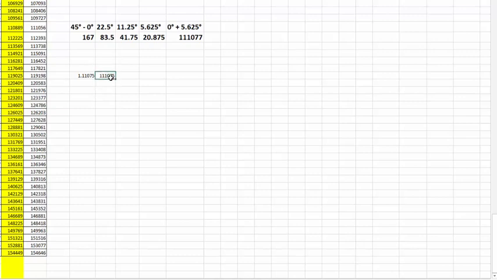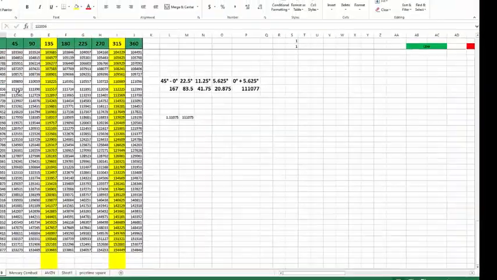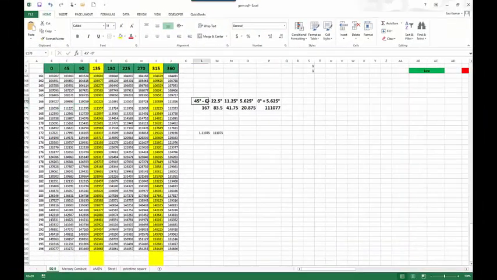So 111075 is what we are looking at. That is between the 0 degree and 45 degree levels. If you take the difference, 111223 minus 111056, you get 167.